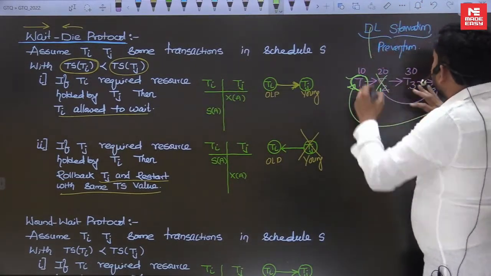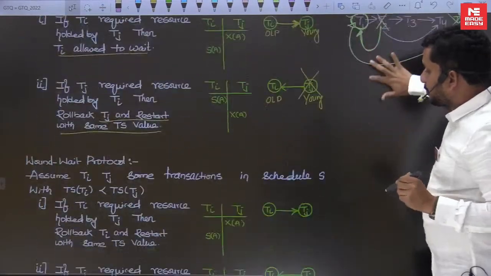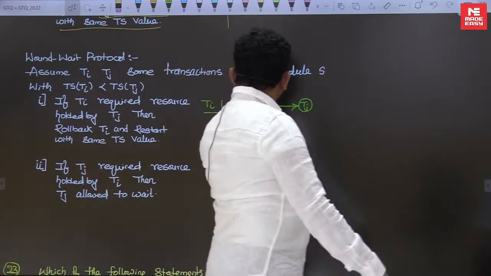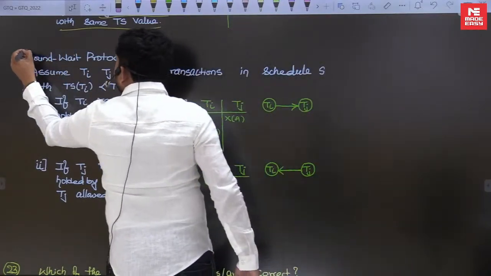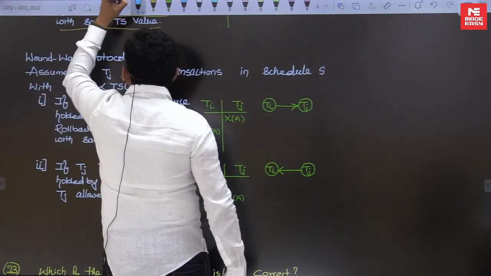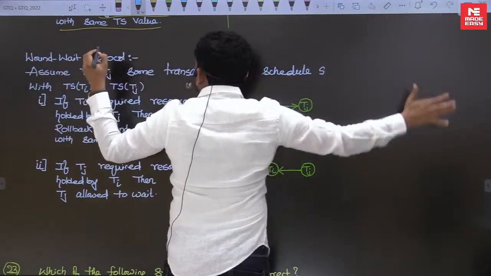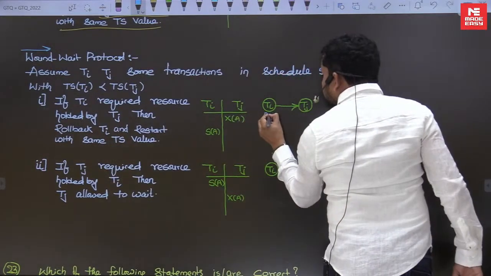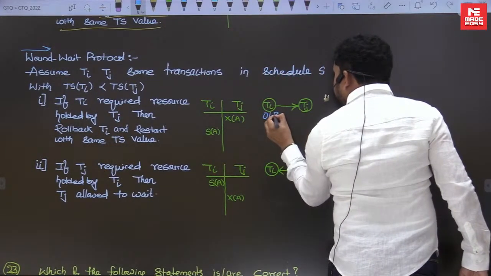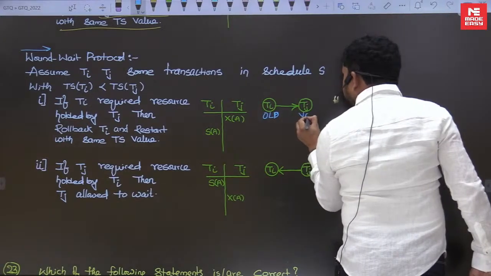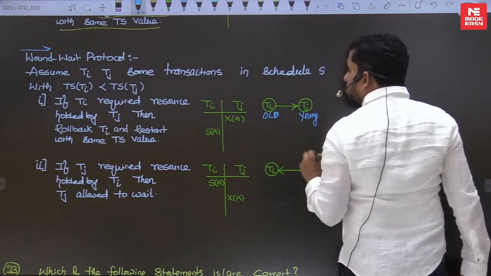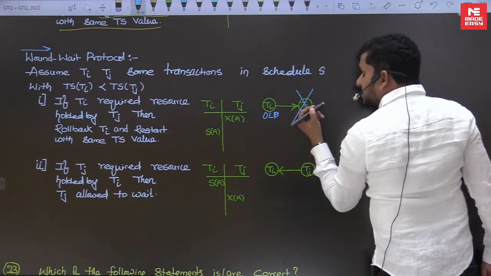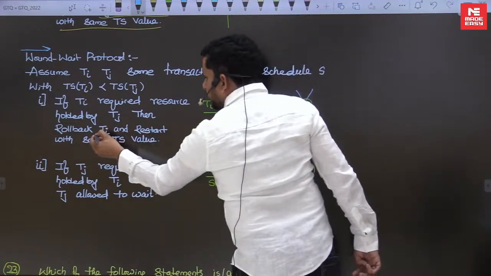The protocol conditions are also important in the examination. The other protocol is wound-wait. The first term, wound, is almost equivalent to kill. If an older transaction requires a resource held by a younger transaction, kill the younger transaction and restart it with the same timestamp value.